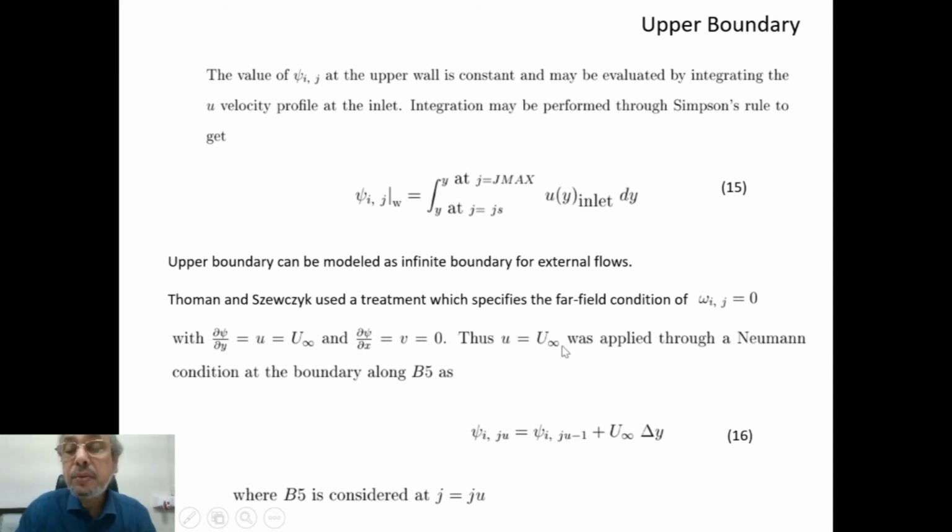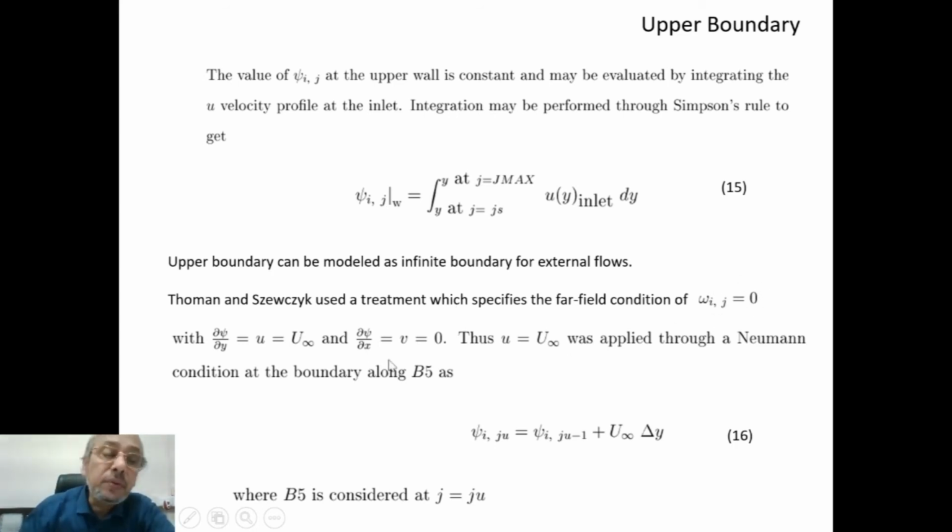And u equal to u∞ was also utilized through a Neumann type of condition. That means setting up ∂ψ/∂y equal to 0. So instead of a confining boundary, it becomes a free boundary. Then we can follow the strategy of Thoman and Soucek, but it should be sufficiently away from the solid wall.